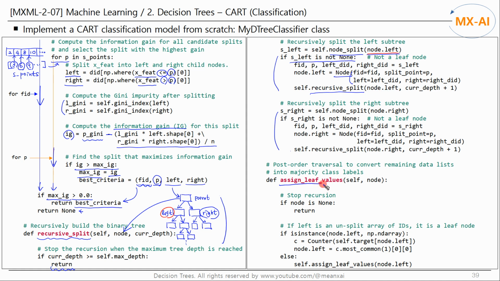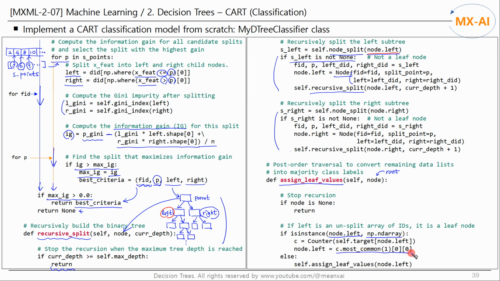Next, we define a function that finds all leaf nodes in the tree and assigns the majority class to each leaf node. This function takes the root node as input and recursively traverses the tree to find all leaf nodes. If the left node contains only an array of data sample indices, it is a leaf node.